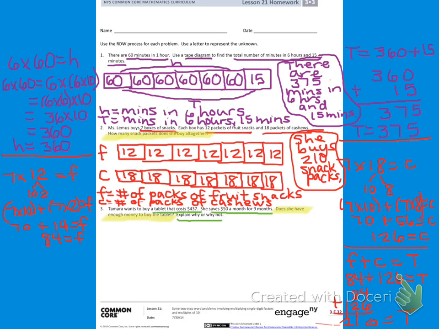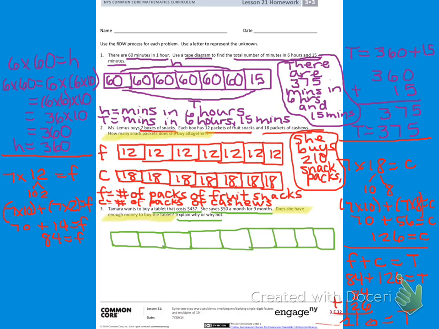All right, now it's time to draw in order to show how this problem was solved. First, I will go ahead and draw a tape diagram that shows Tamara's savings of $50 a month for 9 months. 1, 2, 3, 4, 5, 6, 7, 8, 9. 9 segments of the tape diagram represent 9 months.